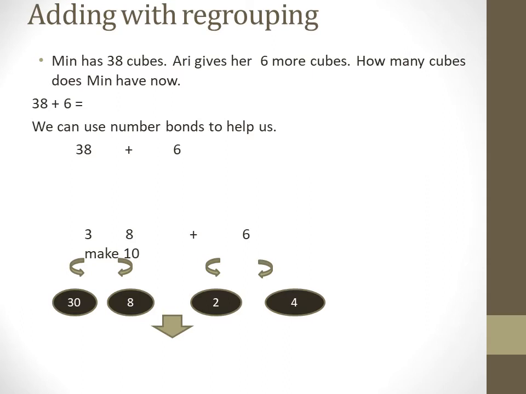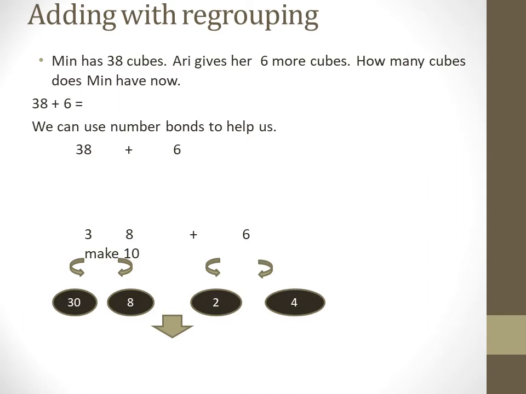The aim of breaking 6 up into number bonds is to make 10 when 8 is added to one of the numbers in the number bond. Which of the number bonds for 6 will allow you to do this? 2 and 4, because 2 when added to 8 gives 10.